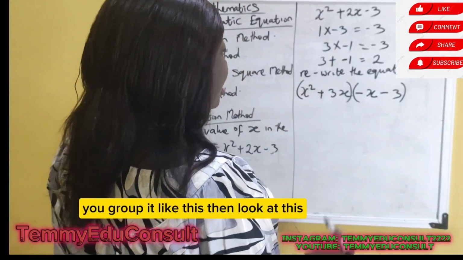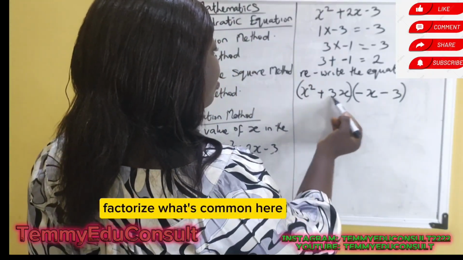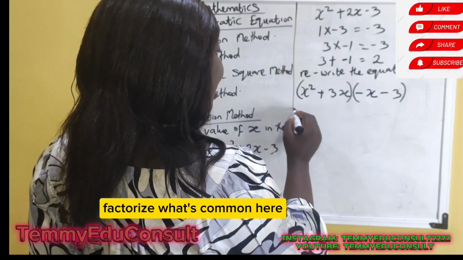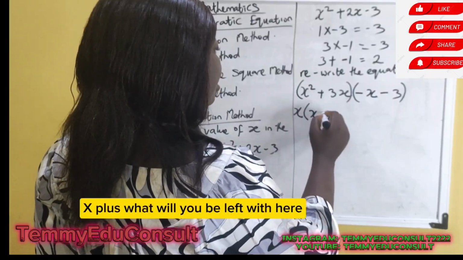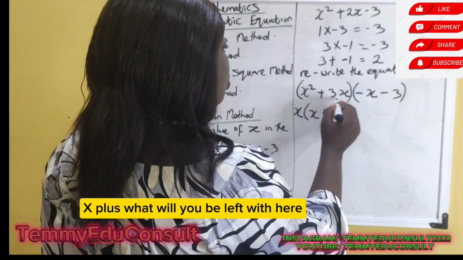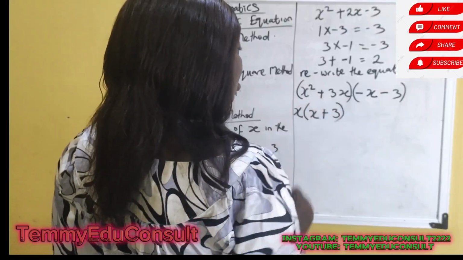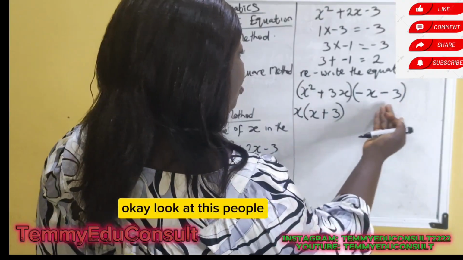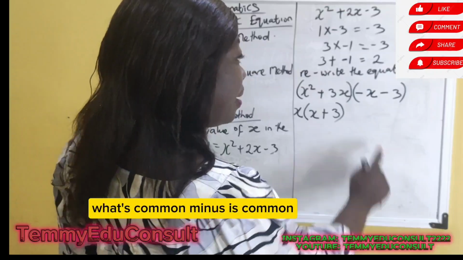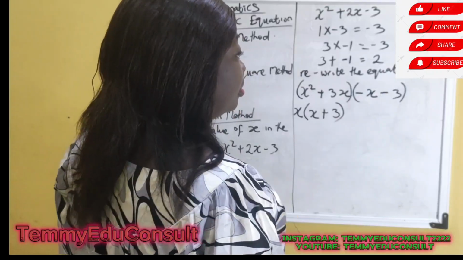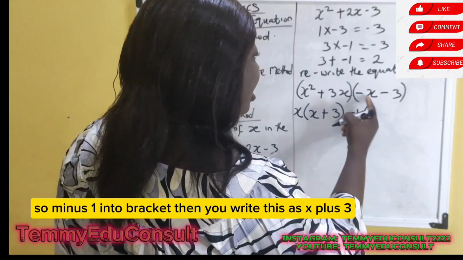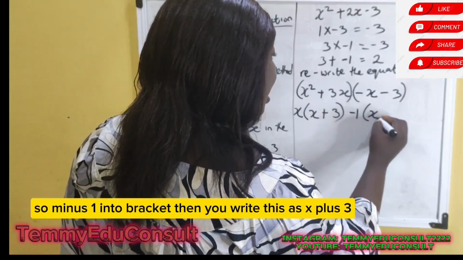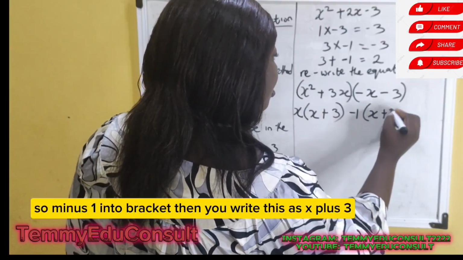You group it like this. Then look at this, factorize. What's common here? x is common. Then what are you left with? x plus what will you be left with here? 3. Okay, look at these. What's common? Minus is common. So minus 1 into bracket, then you rewrite this as x plus 3.